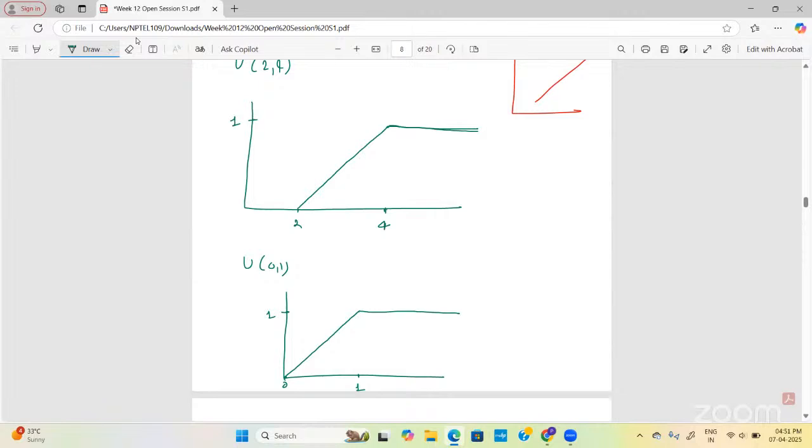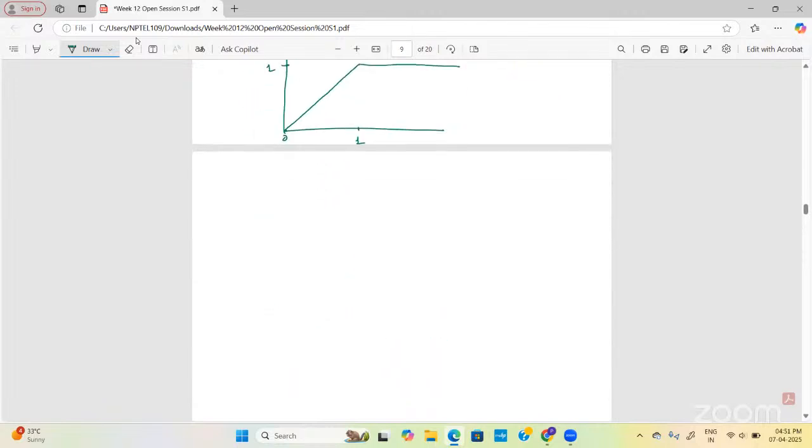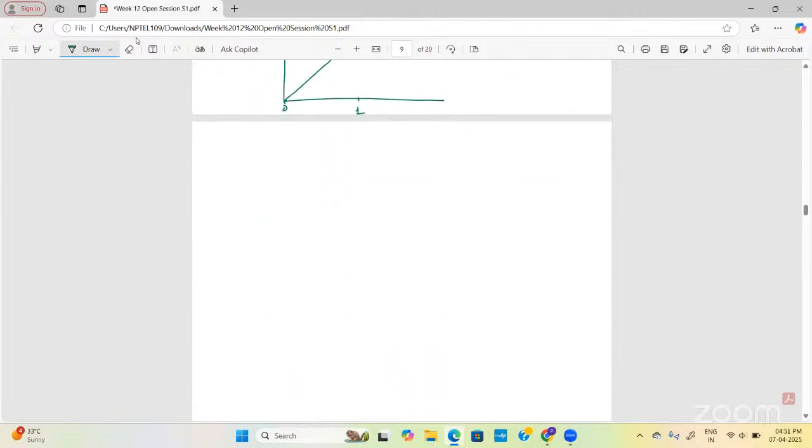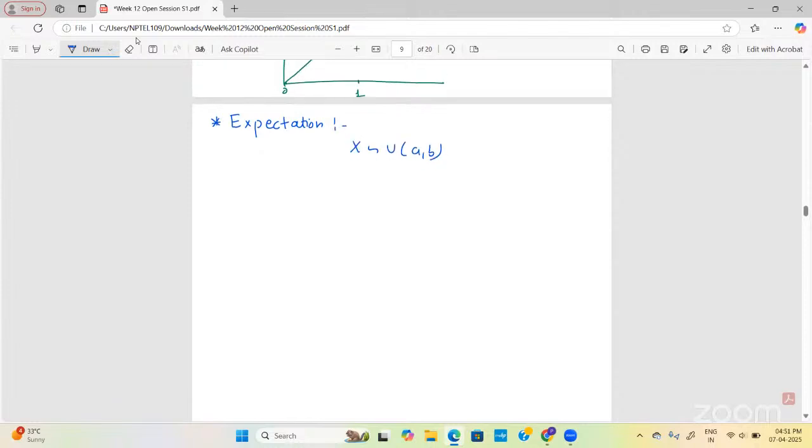Yes, ma'am. Okay, next we have to see the expectation and variance for this distribution. So next is expectation. X is following the uniform distribution with parameters A comma B. So expectation of X, the formula is integral of x times f(x) dx, and the range will be from A to B, right?